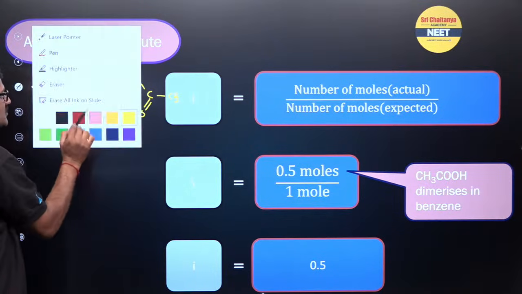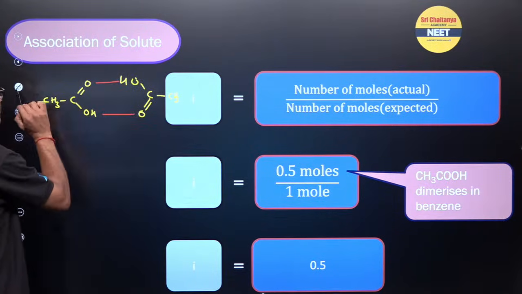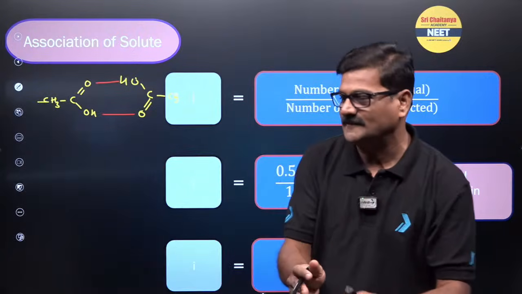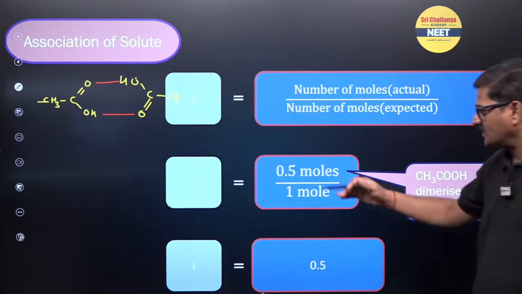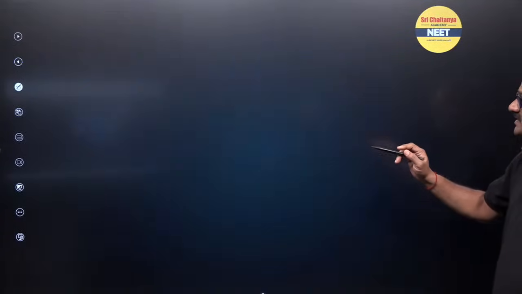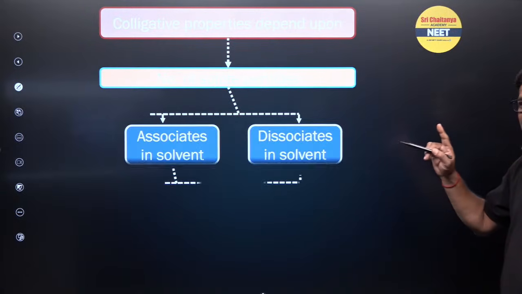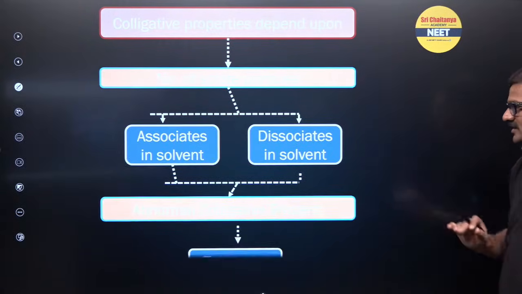There is hydrogen bonding, and because of the hydrogen bonding the number of particles decreases. As the number of particles decreases, i is less than 1. I equal to 1 means it is going to be a non-electrolyte.